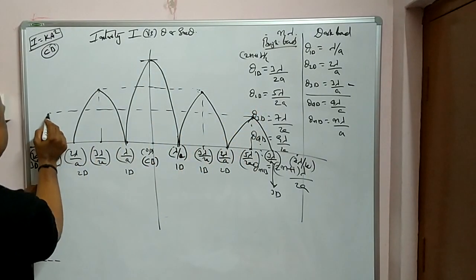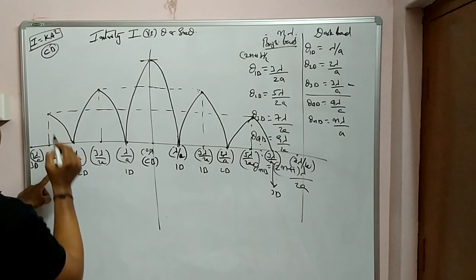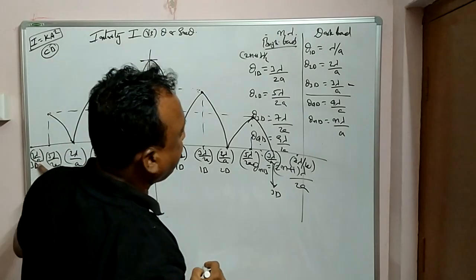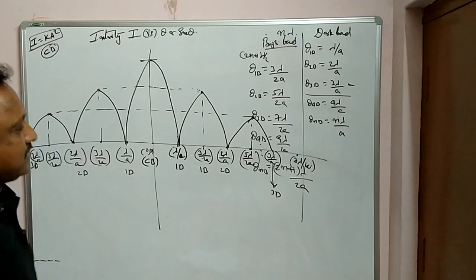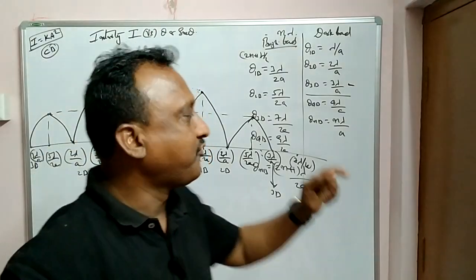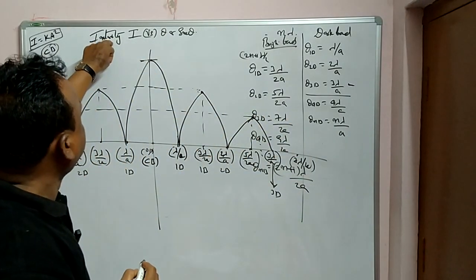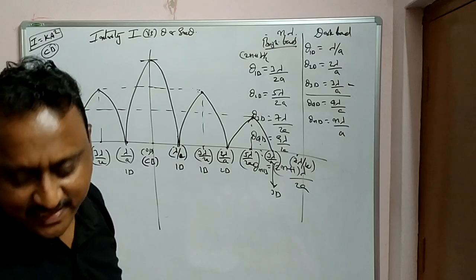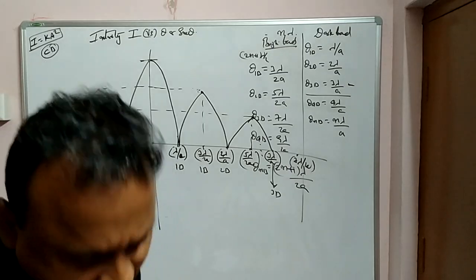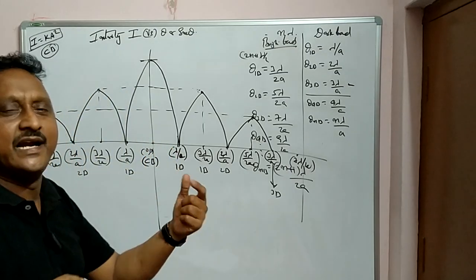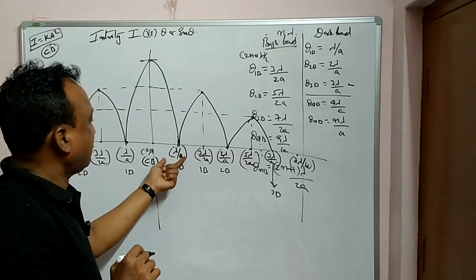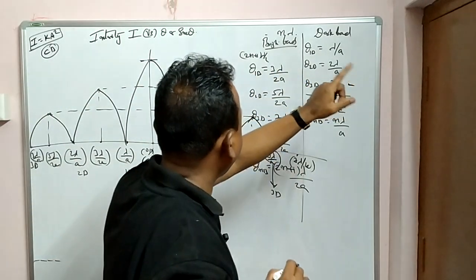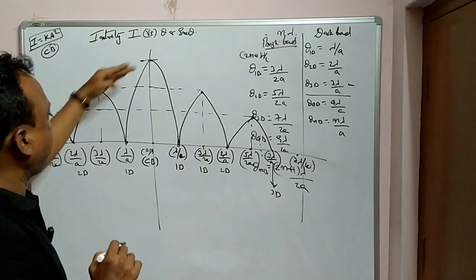And the last one, 3 lambda by a, again third dark. So this is the graph you get for intensity of light versus theta or sin theta, the angular positions. These are the angular positions given on the right side, and in this graph the intensity is decreasing.